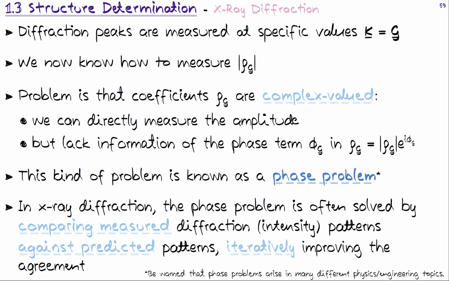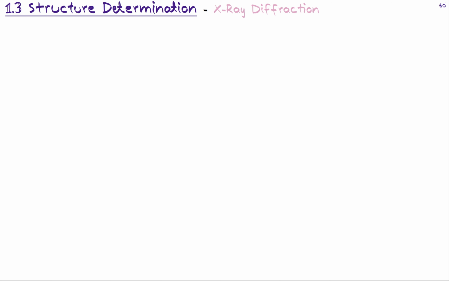So there is a possibility for ambiguity when we are solving phase problems. It's not always granted that the solution we find is the unique solution, it might be just a single solution out of a set of many. So that's the trouble that we are facing here.